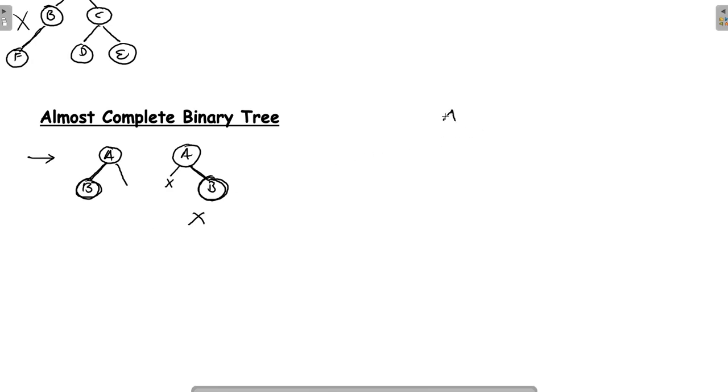Let's say we have a node A, then we have a left children B, okay, no issue. Then we can have the right children. Again you can have the left children and right children, okay. Now here, whether it is an almost complete binary tree, this is not an almost complete binary tree. Why? Because we have a root node A, the left children is filled, then you have the right children.